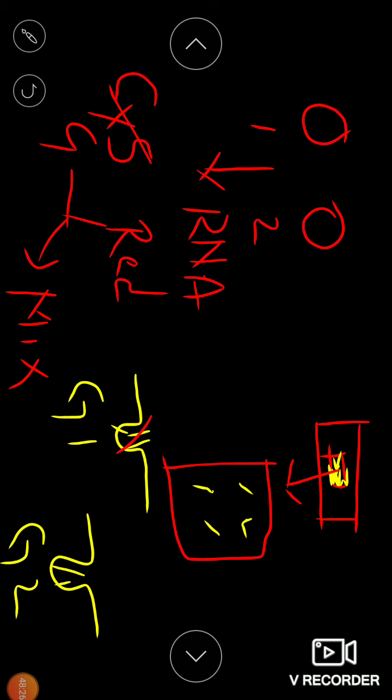Why I am telling green and red is, when you excite with a particular wavelength of laser light, only the green dye will be excited and show the fluorescence, and when you excite with another particular wavelength, only the red dye will be excited and show the red color that you can record.